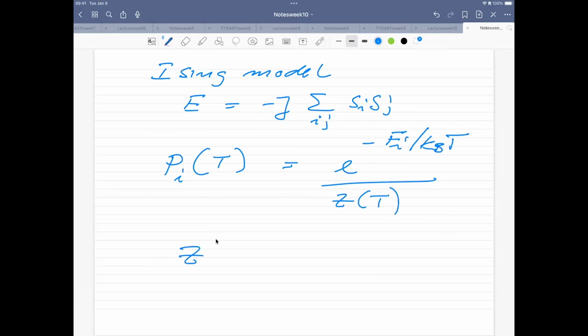This C of T is nothing but the sum over all the possible states available, j, of e to the minus E j over k B T.